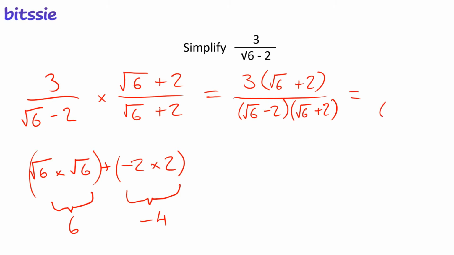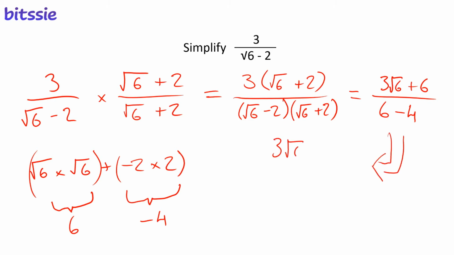That's our denominator. And then our numerator is 3 lots of root 6 plus 3 lots of 2, which gives us 3 root 6 plus 6. And then we can simplify down our denominator to make it 3 root 6 plus 6 over 2. And that would be our answer.